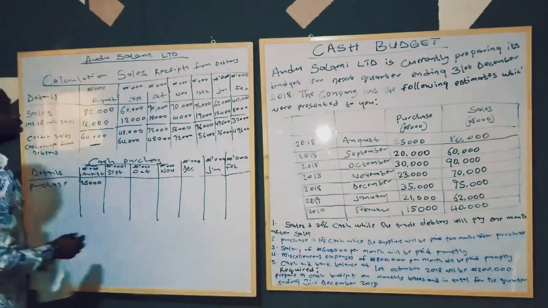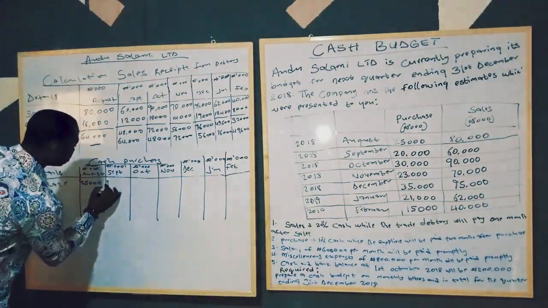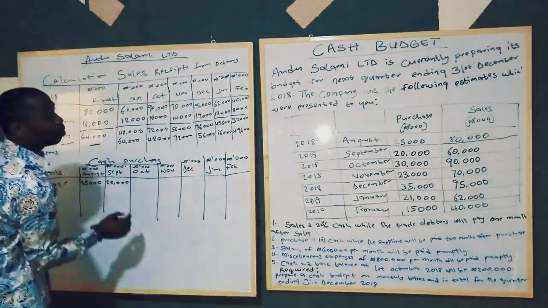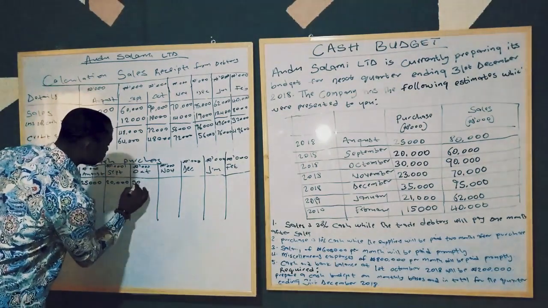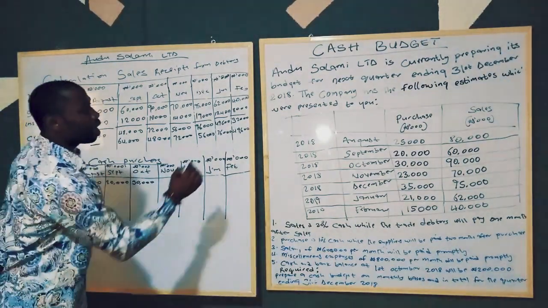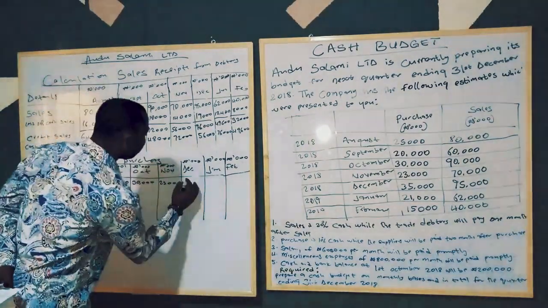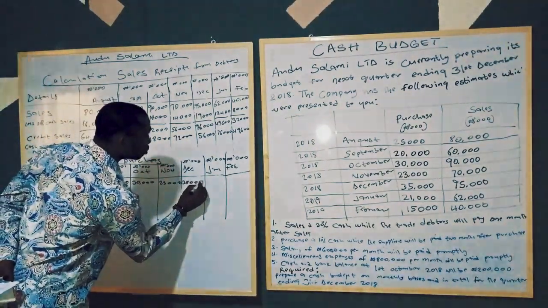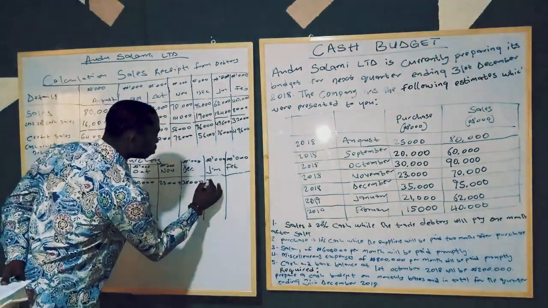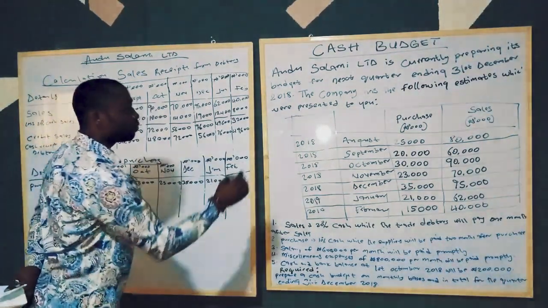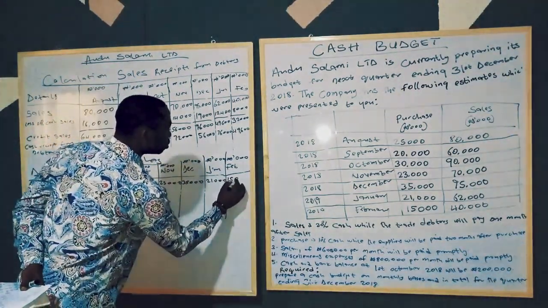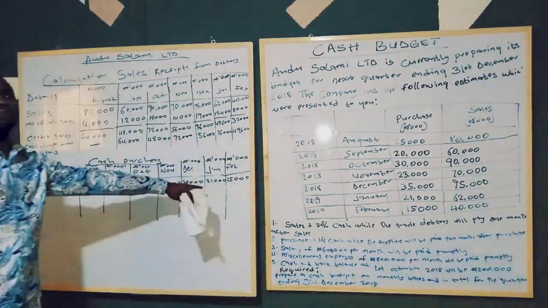Then we have 20, 30, 23, 35, 21, and 15. Now this is our total purchase.